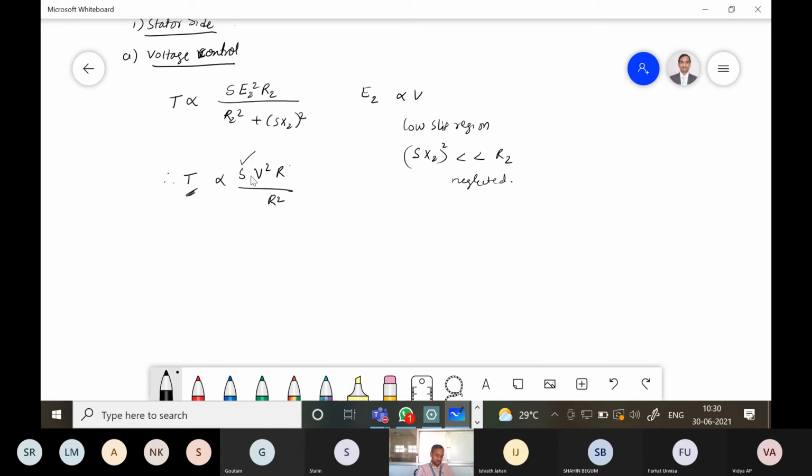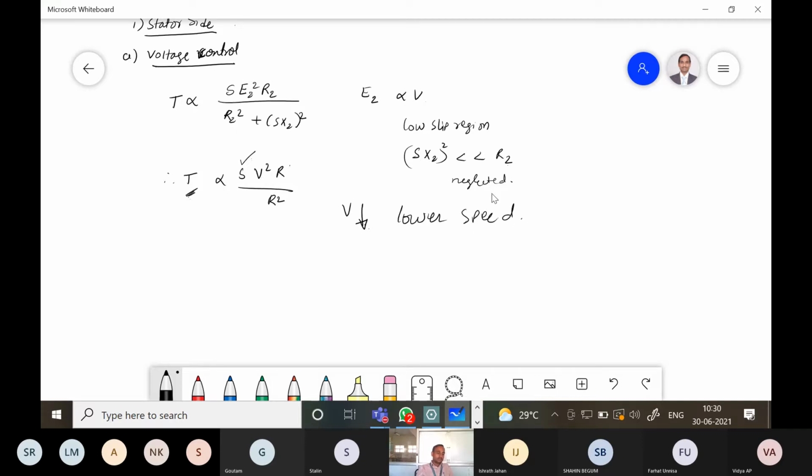So that the torque produced remains the same, slip increases, which means the motor reacts by running at lower speed. So this is the applied voltage control method. If the voltage decreases, the motor produces the required load torque at the lower speed.